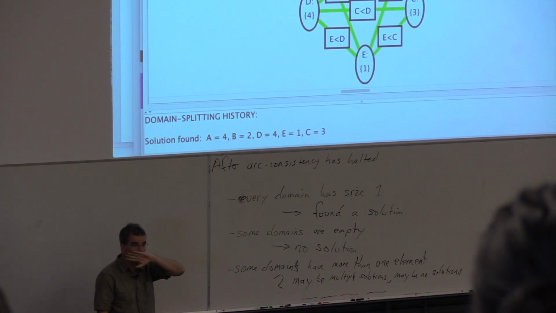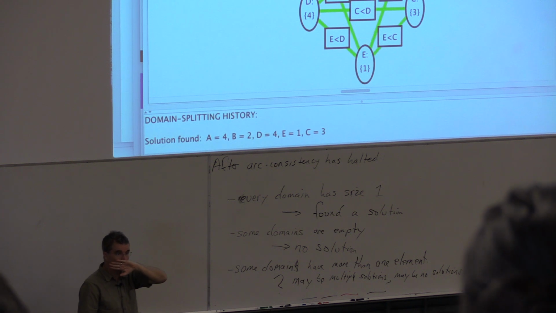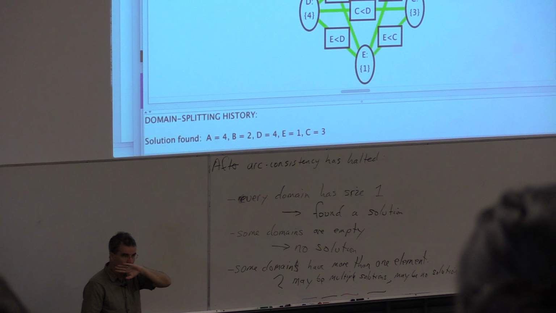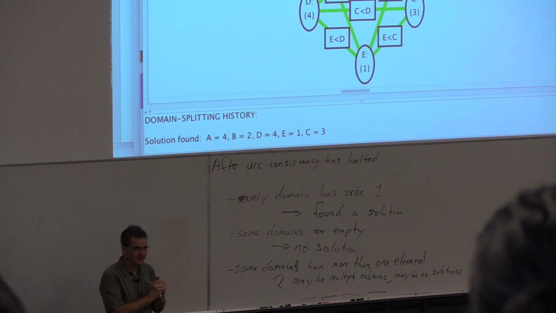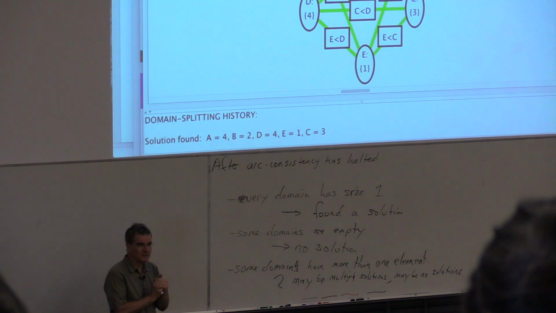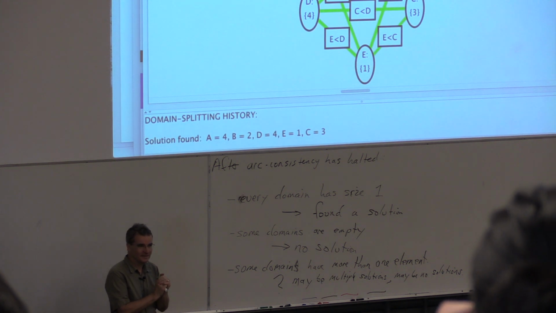Some domains having more than one element, is it possible that there could be one solution? What if every domain has more than one element? Yeah, you can make it so there's exactly one solution. There are ones obviously with no solution.